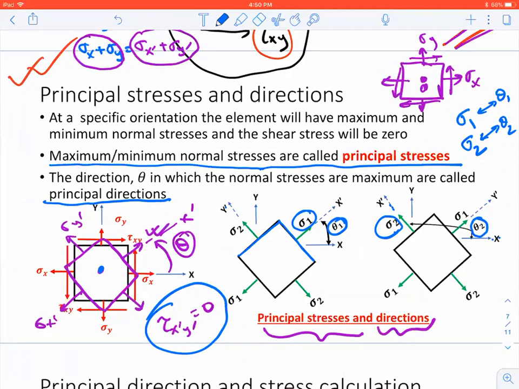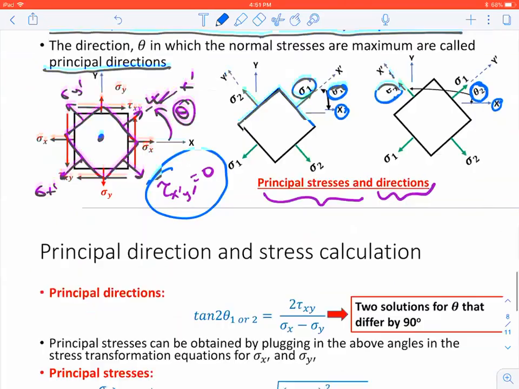So the angle at which you're going to see sigma 1 working is theta 1 from the x direction. And the angle at which you're going to see sigma 2 working from x is theta 2. They differ by 90 degrees.